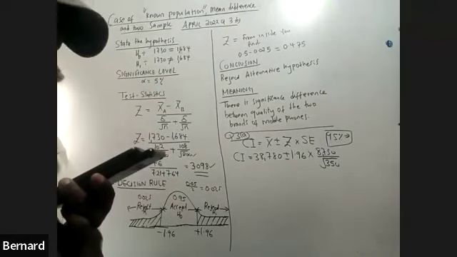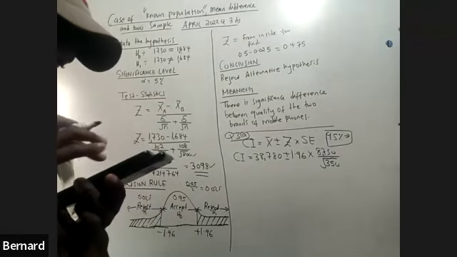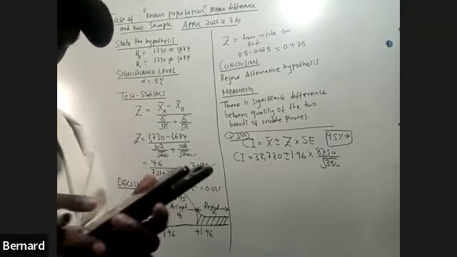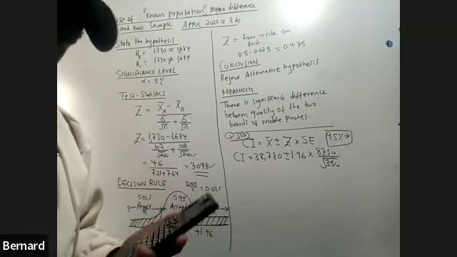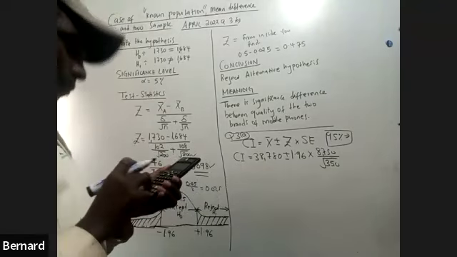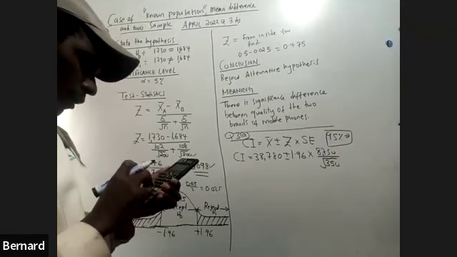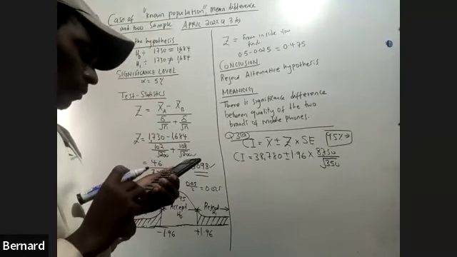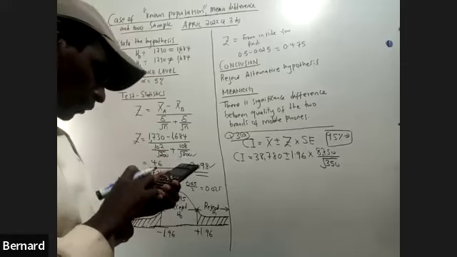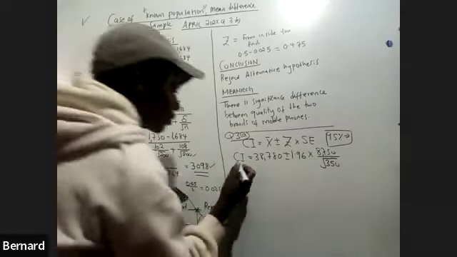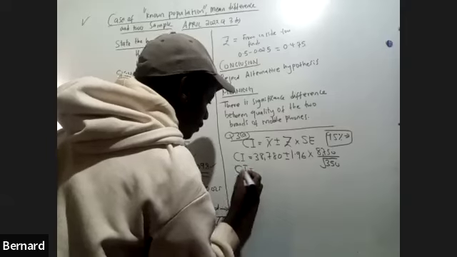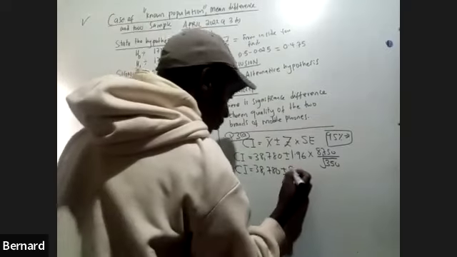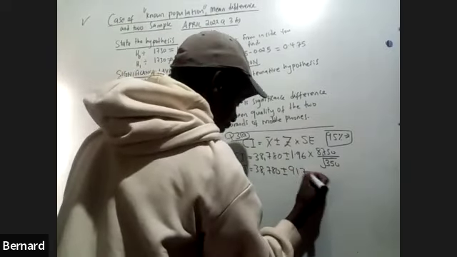So 8750 divided by the square root of 350, which is 467, times 1.96. The confidence interval is 38,780 plus or minus 917.